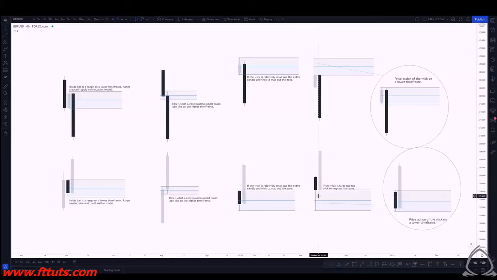But again, these are all just simple refinements that you can use to understand the fractal nature of the market and how supply and demand relates to these concepts, which will make your trading a little bit easier, especially early on when you're maybe not as comfortable going to the lower time frames.